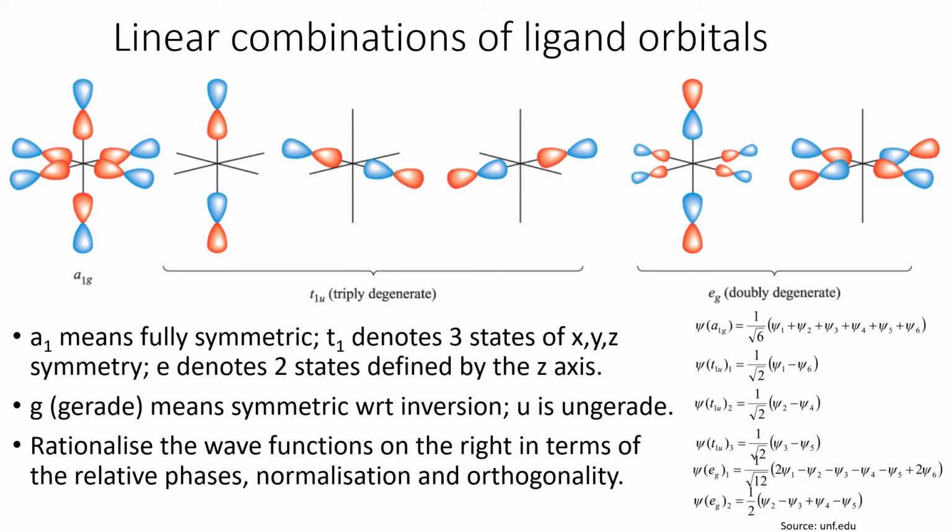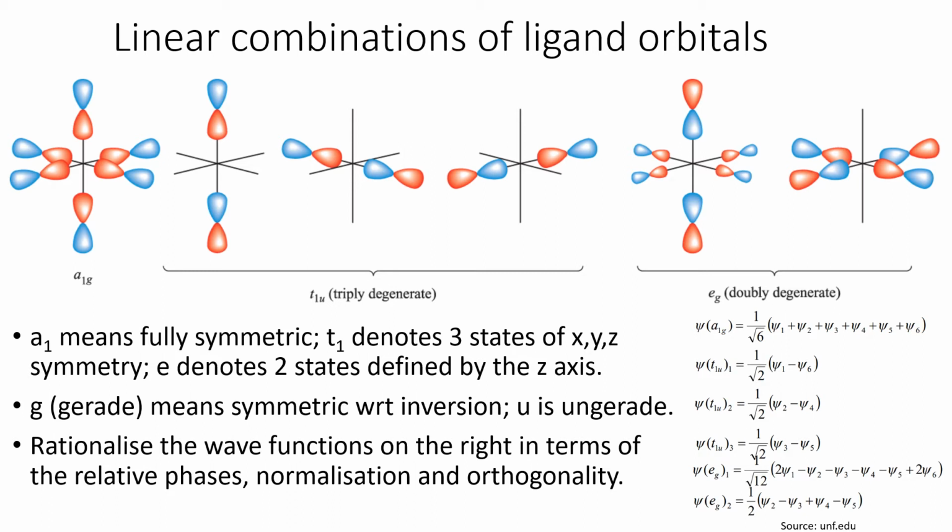In this case, following the other examples, you'd expect it to be 1 over root 4, but of course that's the same thing as a half, and that's our normalization factor. So hopefully we've rationalized the different forms of the wave function, and also the normalization.